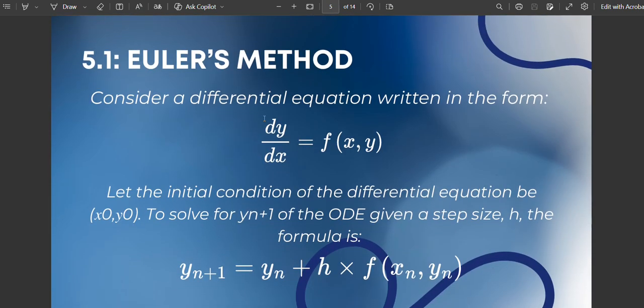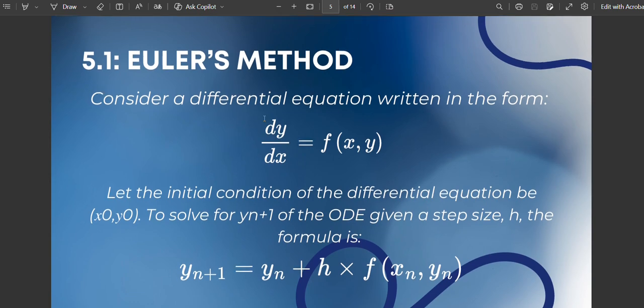Under Euler's method, we consider a differential equation that may be written in this form or in a linear form, but in numerical solutions we must write the equation in this form, where we segregate dy and dx on one side, and the function of x and y on the other side through equating.